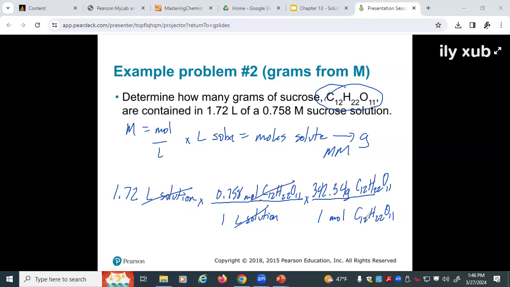So my moles of sucrose cancel. I'm left with the grams.